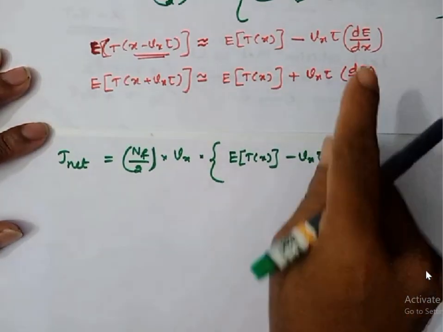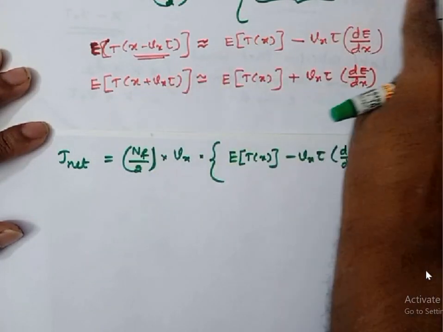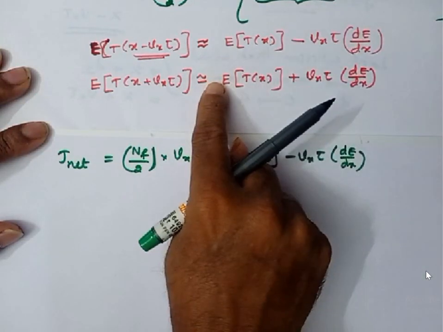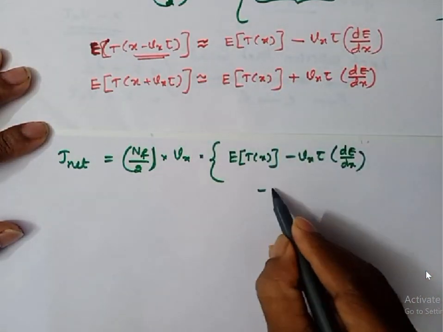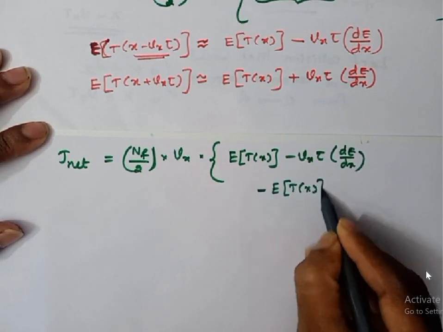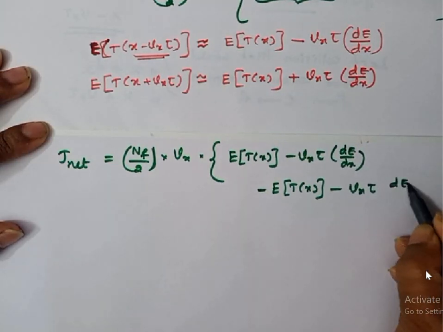Then we have to subtract this. In the place of this term I'm going to put this one, but we have minus here, therefore this will become minus, this also becomes minus. So I'll write once, energy at the location x minus Vx into tau into dE by dx.